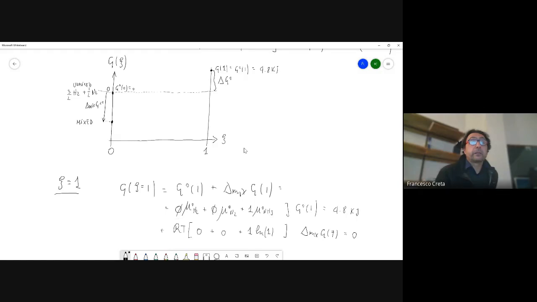This difference here is G01 minus G00, okay? Well, now what do I have? I go from this point, there's a function here all the way down connecting this point here. So I start from unmixed reactants, I mix them, I get here, then I change the composition through my chemical reaction all the way down to the product, which is only 1, is pure. So this is the value of G.